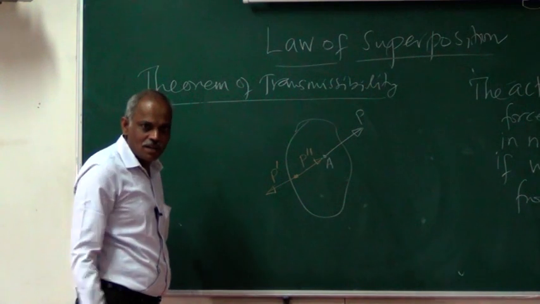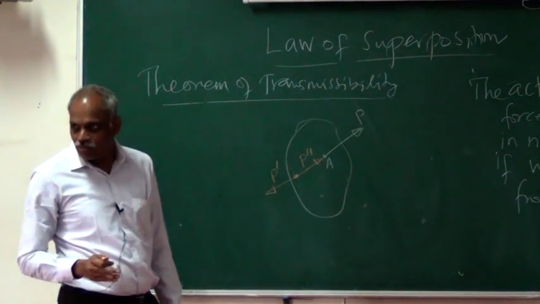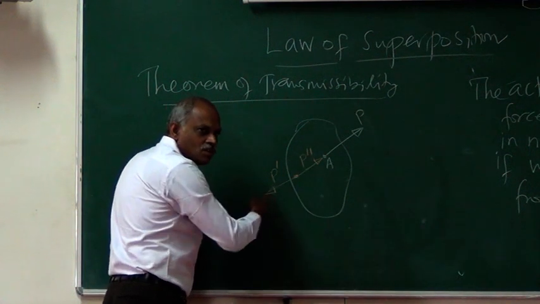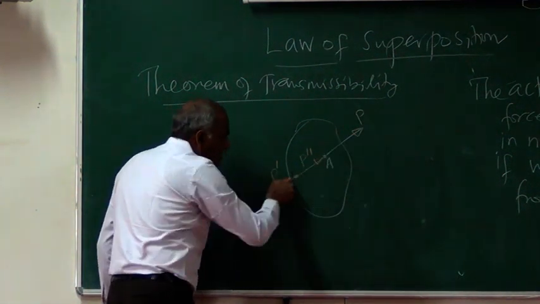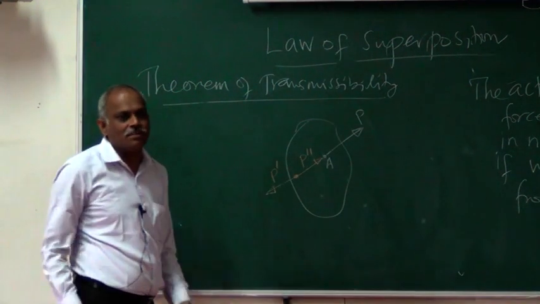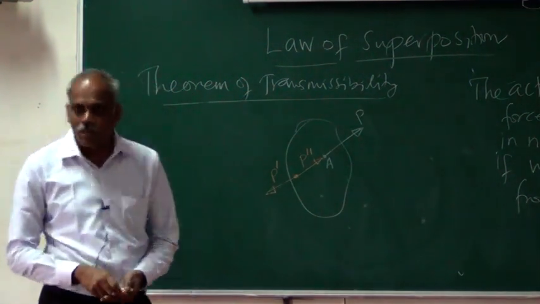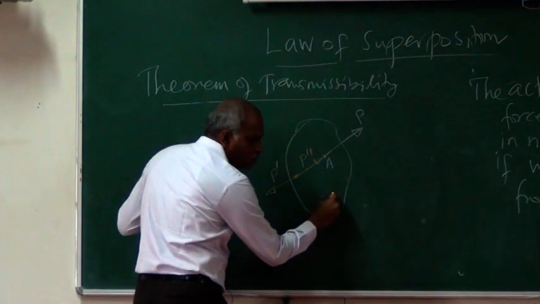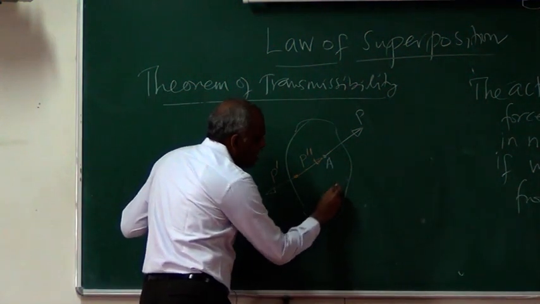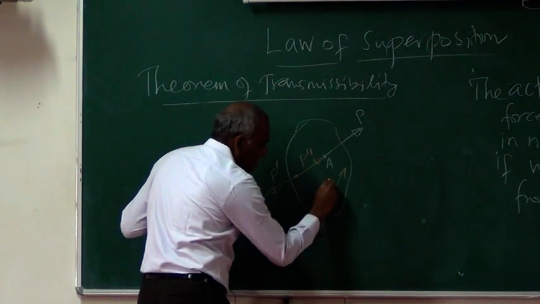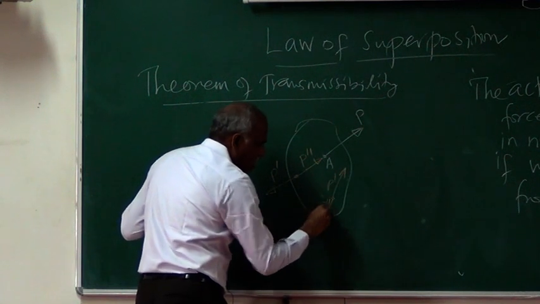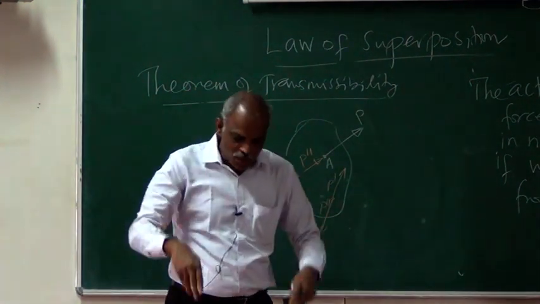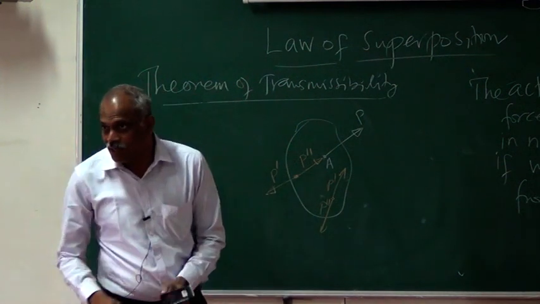I can introduce them like that, but I have chosen them such that the line of action of these forces is aligned with the line of action of this force P. For convenience I have taken it so, but as per the law of superposition I can introduce P dash and P double dash anywhere, in any orientation and any point of application, and it doesn't matter.